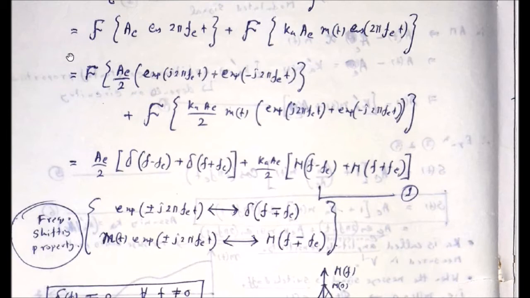Now simply take out this Ac by 2 term here from the first term, and exponential of j 2 pi fc t will be nothing but the delta of f minus fc.